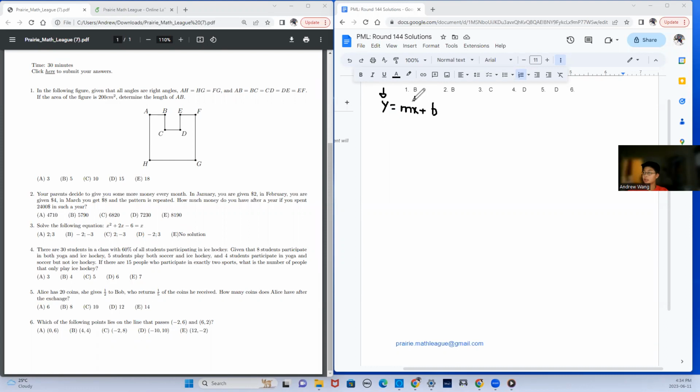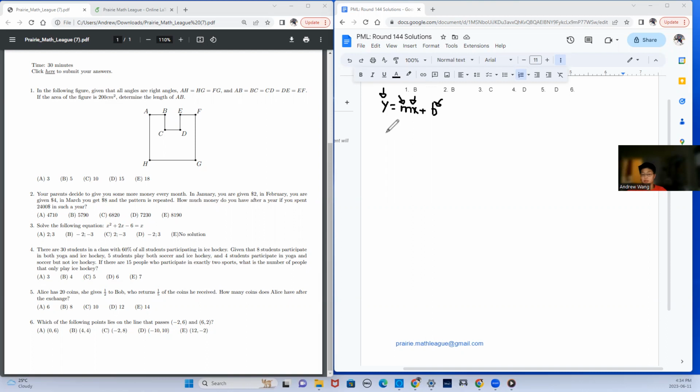The x is the x coordinate of a point. The m right here is the slope, and the b is the y-intercept, which is the point at which the line crosses the y-axis. So, sorry, I guess a better word is intersects the y-axis, and that is b.